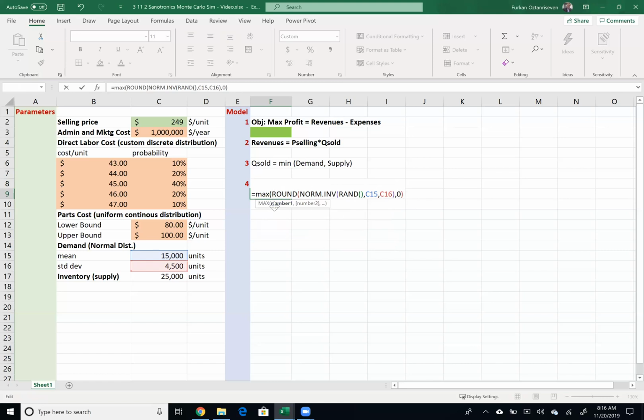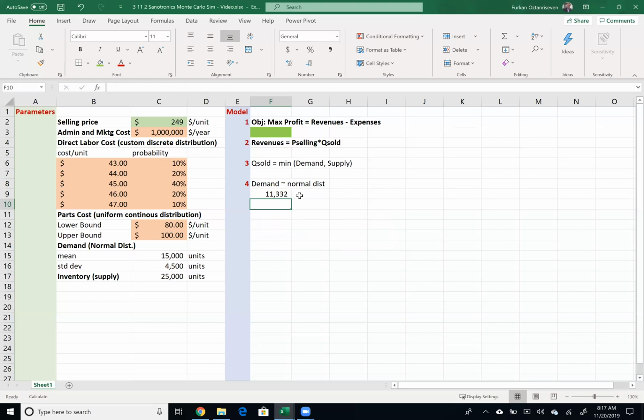So whichever is greater will give me the positive number. So 0 comma the number that I generated. At the end I will put another parenthesis. So this will make sure that my number can never be less than 0, because if it's less than 0 it will take the maximum of the negative number versus 0, which is 0. All right, awesome. So now I am done with demand.